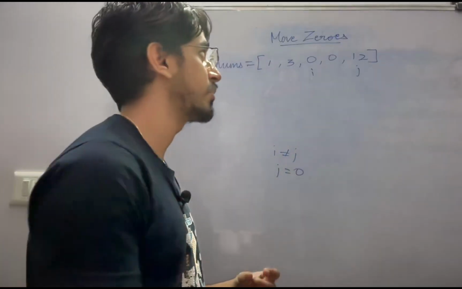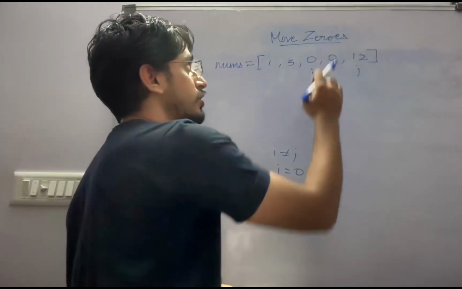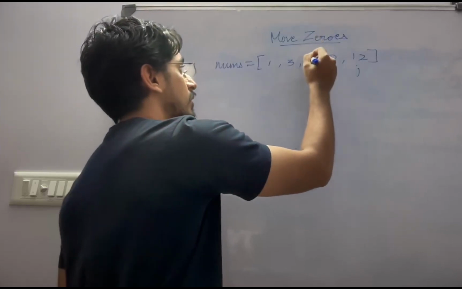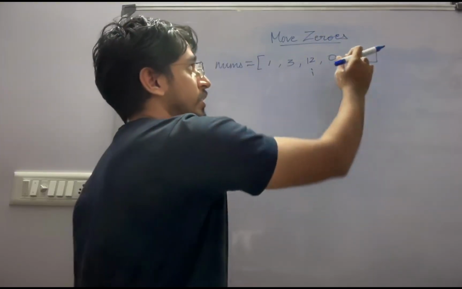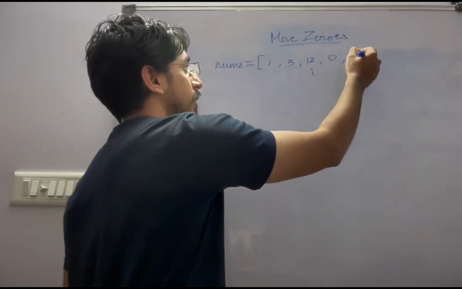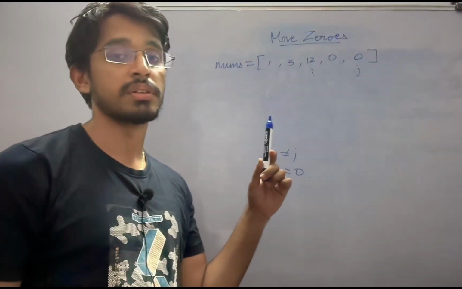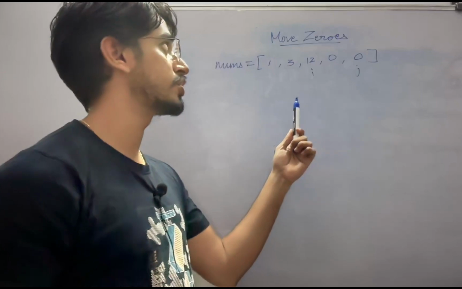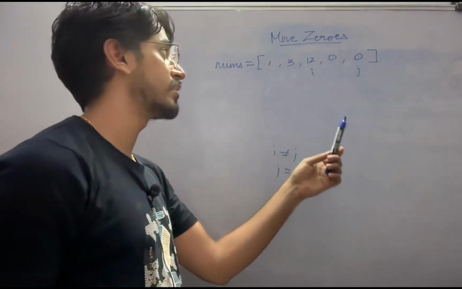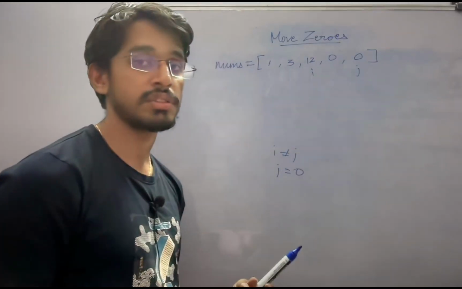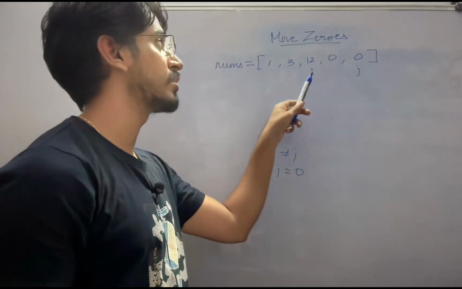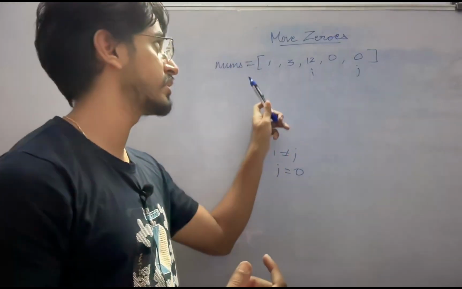So now we update the value of I to the value of j, that is 12, and update the value of j back to 0. So we have achieved the result that we want. We have pushed all the zeros to the end, we are not creating any additional data structure, and we are keeping all the other elements at the start of the array.